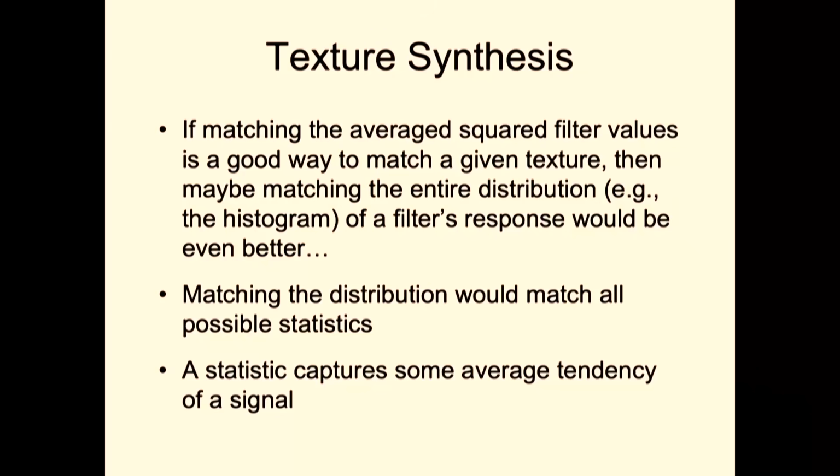Okay, and so the initial example we talked about, where we ended last time, was an initial attempt at implementing this methodology using a candidate representation of texture that consists of marginal histograms of filter responses. So, the distribution of the filter responses.